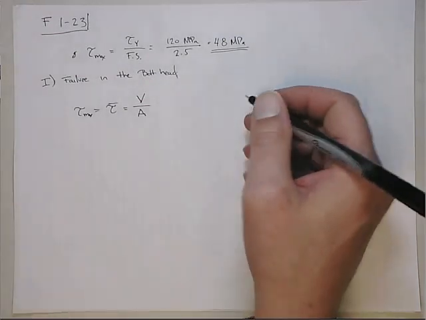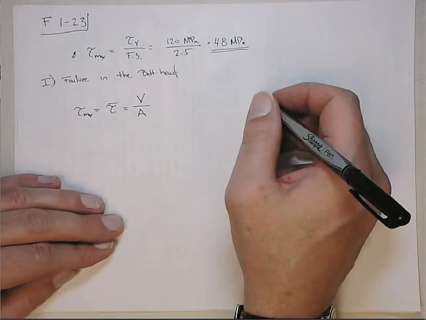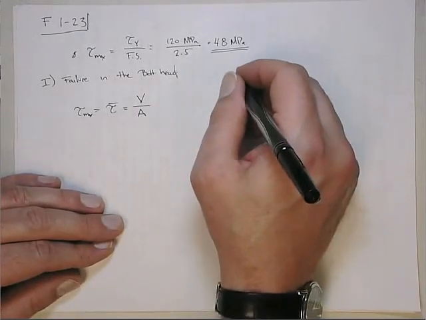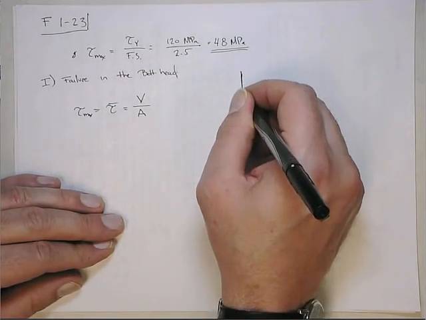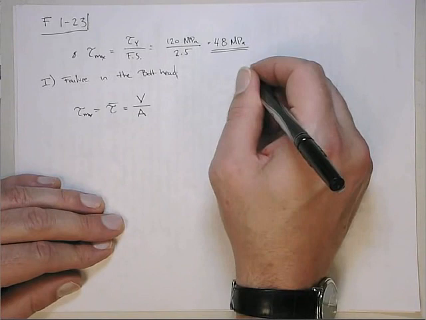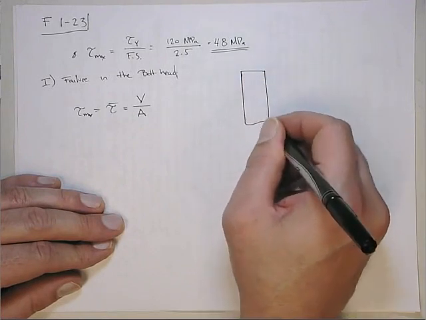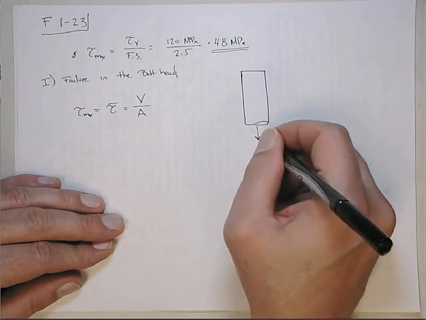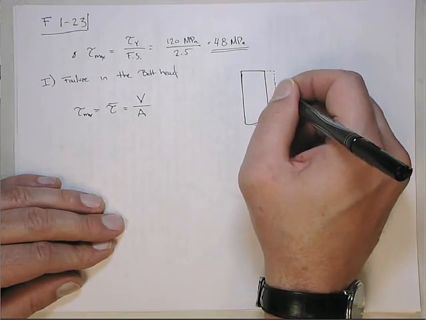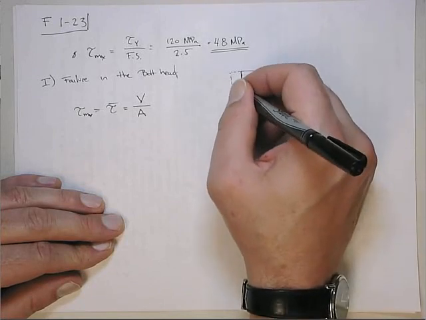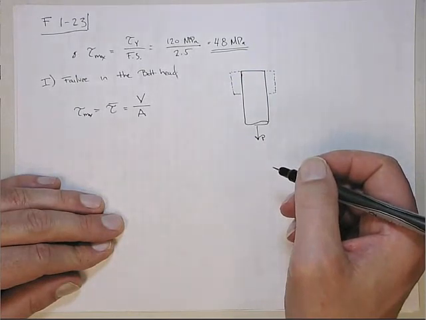Now in this case, for the shear force, we can do the free body diagram if you want. Let me try to draw that. It's actually going to look like this. Here we have P, and here we've kind of lopped off the ears of the bolt.